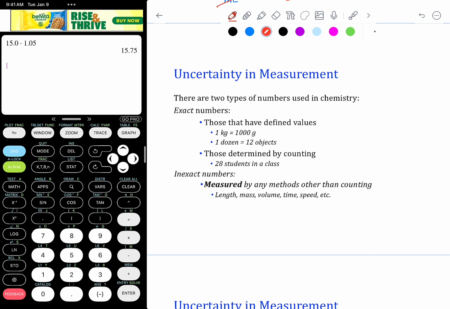Inexact numbers are any number that is measured by any method other than counting. So that would be length, mass, volume, time, speed, anything else that you can measure.